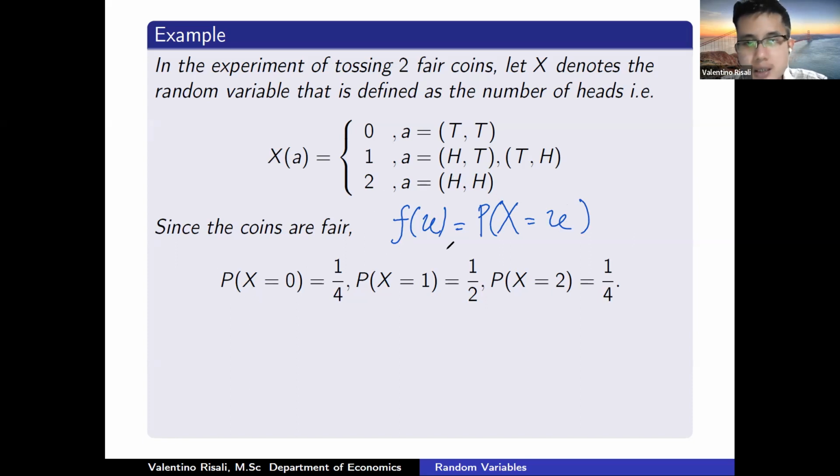From our definition, obviously the value of P(X = 0) is equal to f(0), just based on the definition, and this is for f(1) and this is for f(2), and we have done with these three probabilities.